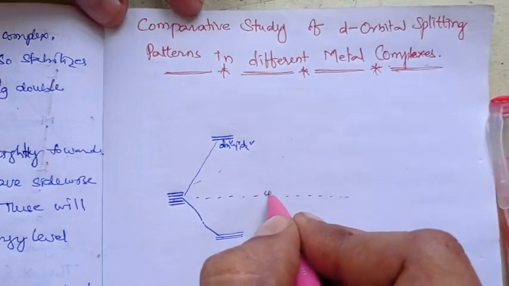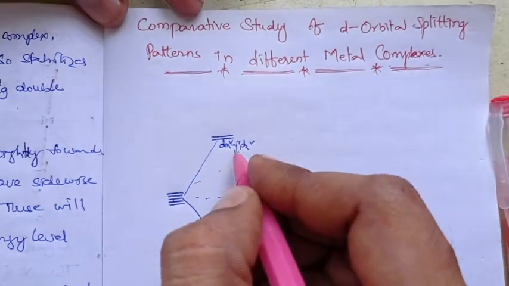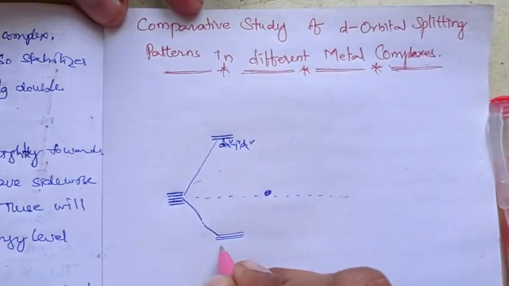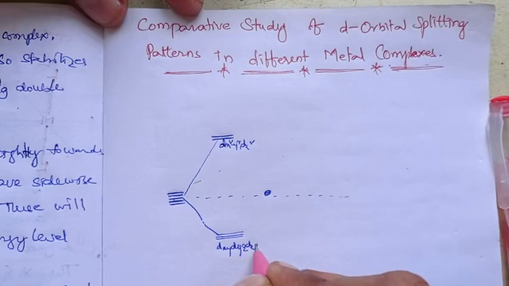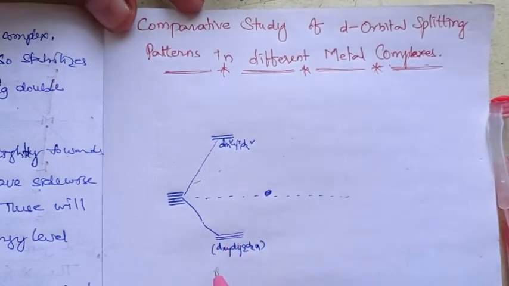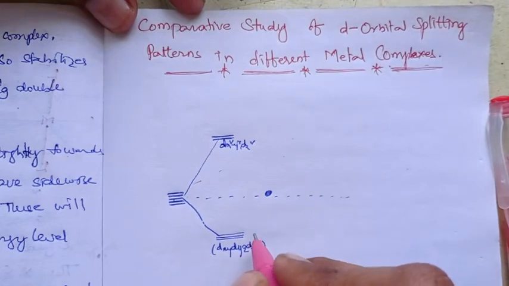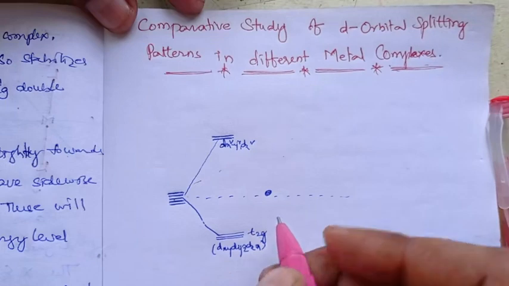This is the zero energy state. In the higher energy state, these two orbitals are excited, and the three non-axial orbitals, dxy, dyz, and dzx, lower their energy and form the T2g energy state.